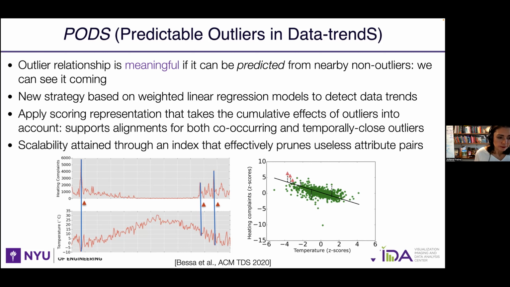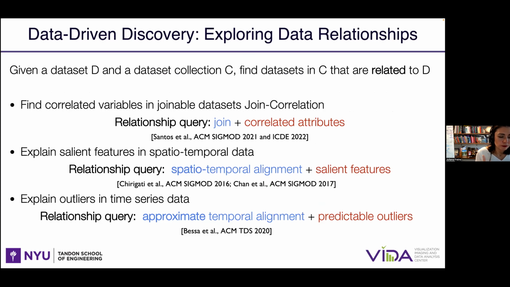All right, so just to try to put these different things together, right? So one of the big promises that I said in terms of data discovery is, if you can actually ask these data discovery queries. And I described to you 3 such queries, joint correlation, data polygamy, and predictable outliers.